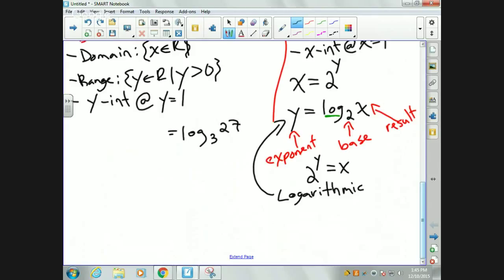So I want you to get used to the idea that this logarithm is just another way to write exponents and exponentials, except now we're solving for the exponent instead of trying to come up with the result that we had here. So this is logarithmic form or notation.